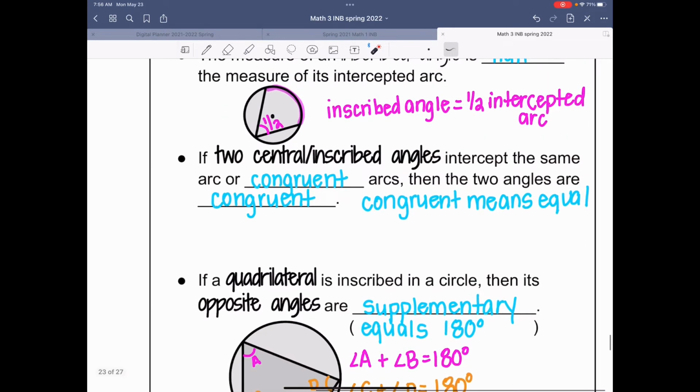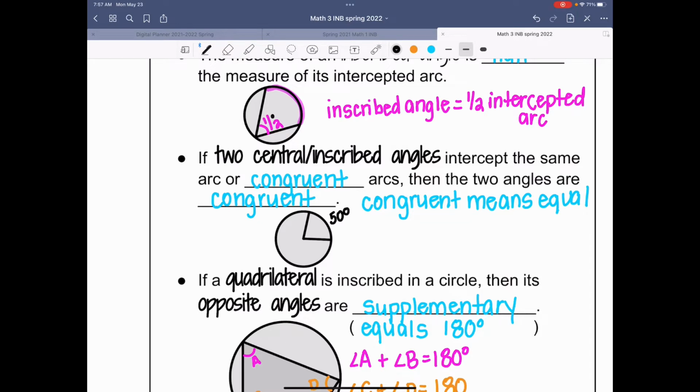All right, then if we have two central or inscribed angles and they intercept the same arc or congruent arcs, then the two angles are congruent. So basically, if I'm looking at a circle and I have a central angle here, let's say that this one is 50 degrees, okay?